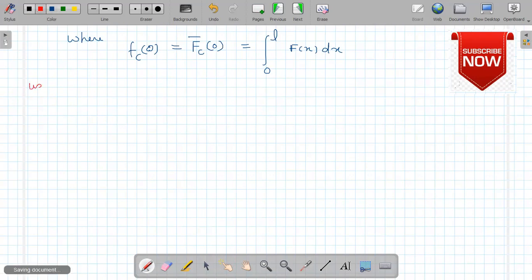I told you yesterday that sin n pi is always 0 and cos of n pi is always equal to minus 1 raised to the power n, where n is an integer.